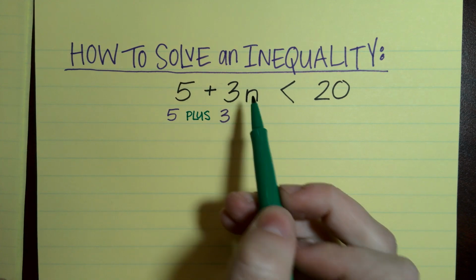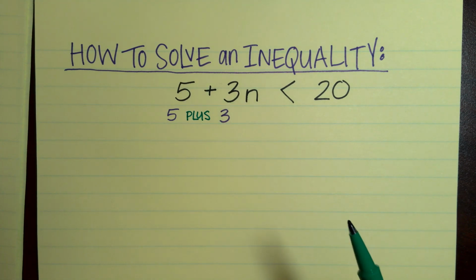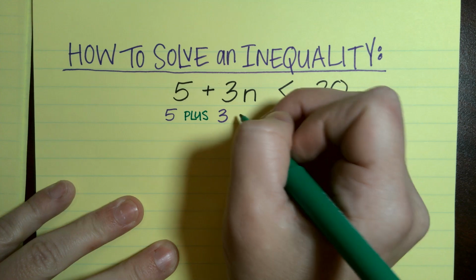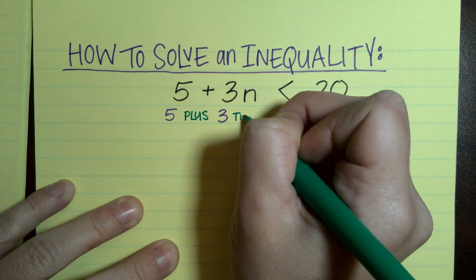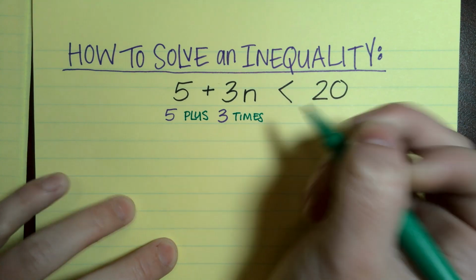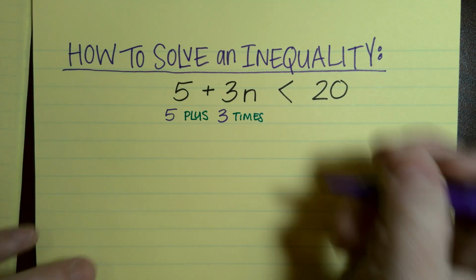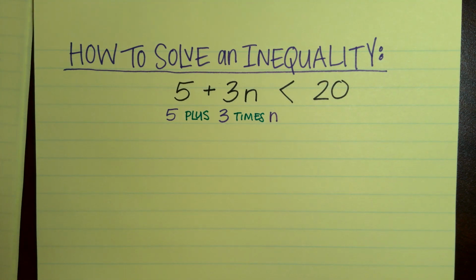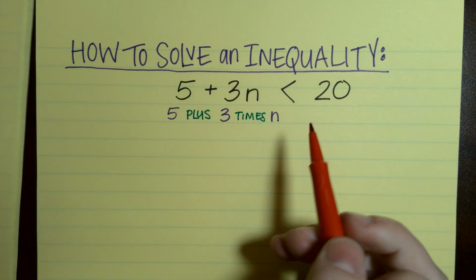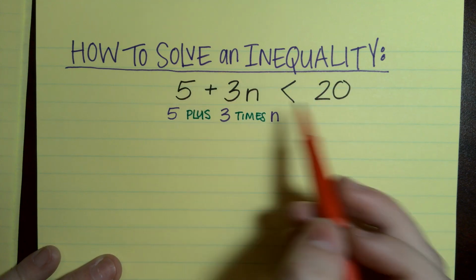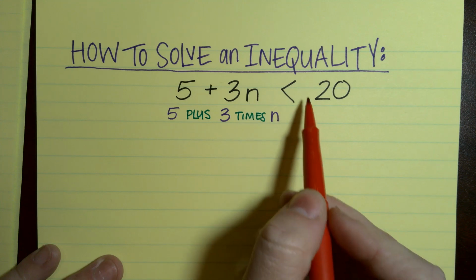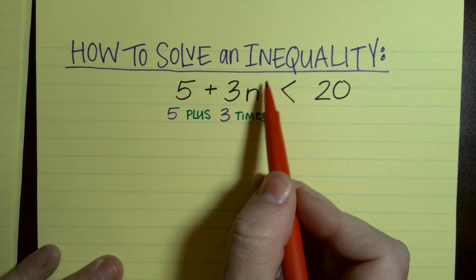And when I have 3n, how would I read that if I wanted to say the operation happening? You could just say 5 plus 3 times n. Good. So I'm going to write 3 times n. And in the context of this inequality in particular, after I've said 5 plus 3 times n, what am I saying here at this symbol? Less than.